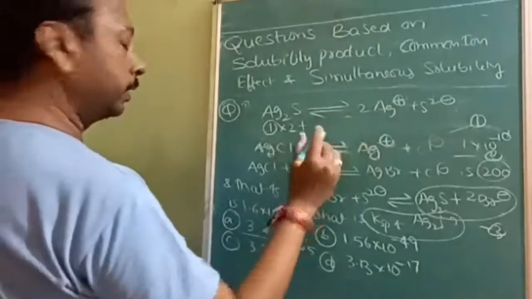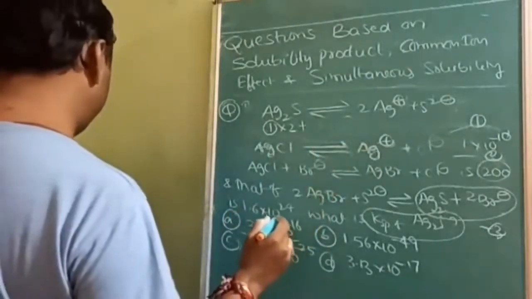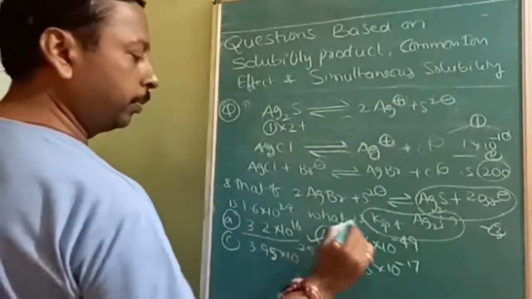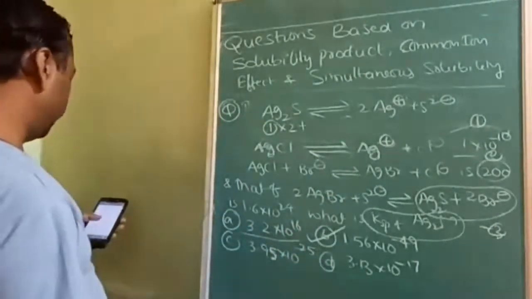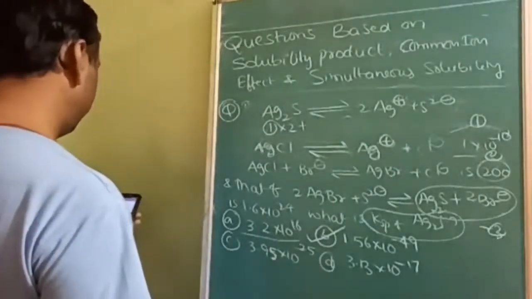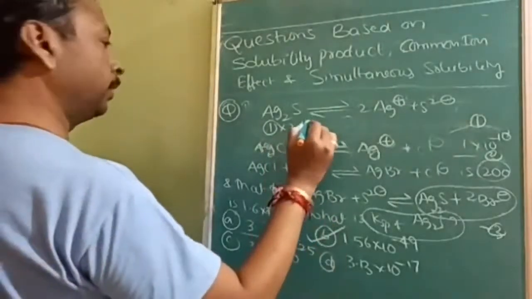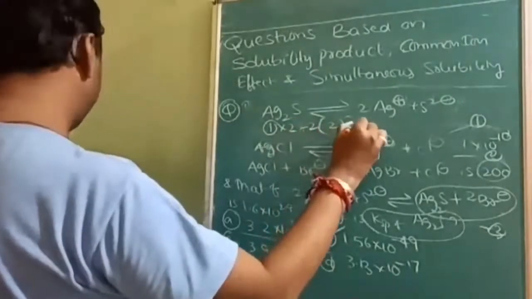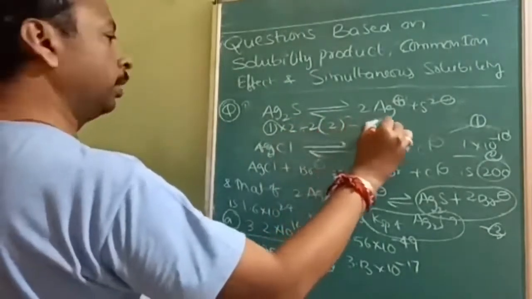Just like Hess's law, you only have to arrange them. Then you will get the answer, option B, 1.56 into 10 to the power of minus 14. So 2 into the first equation, minus 2 into the second equation, minus the third equation.